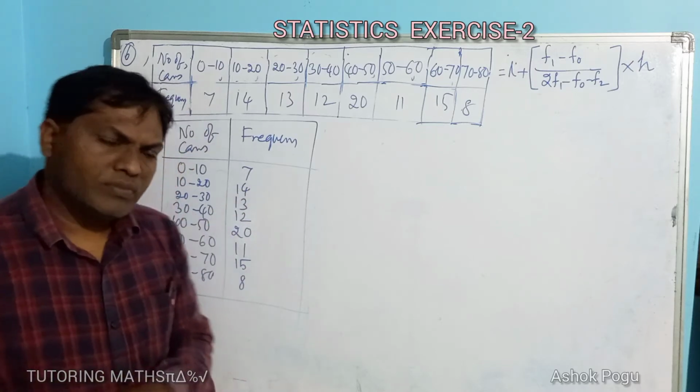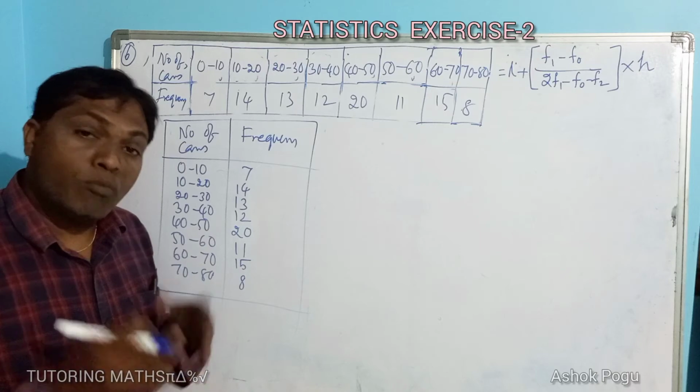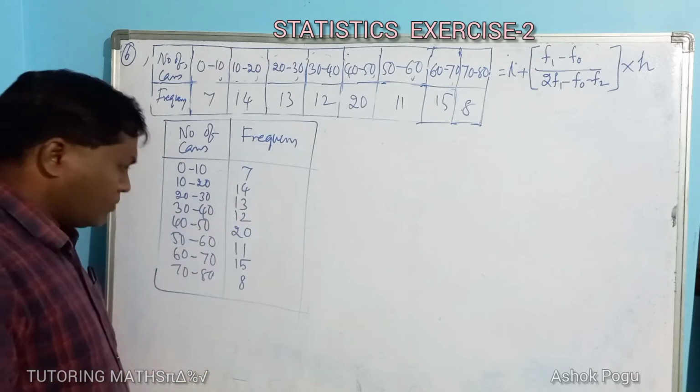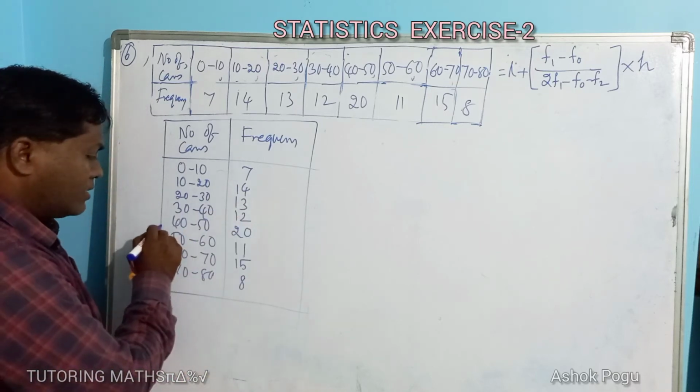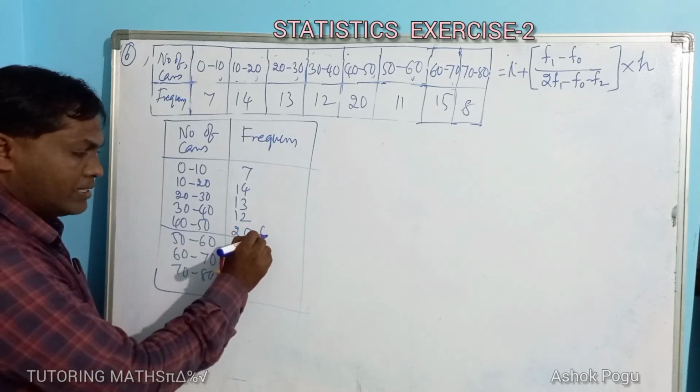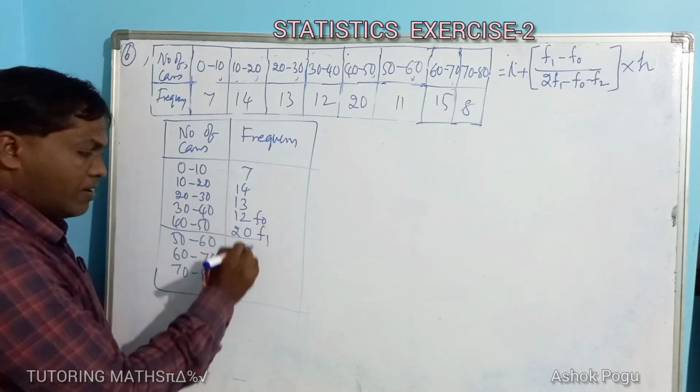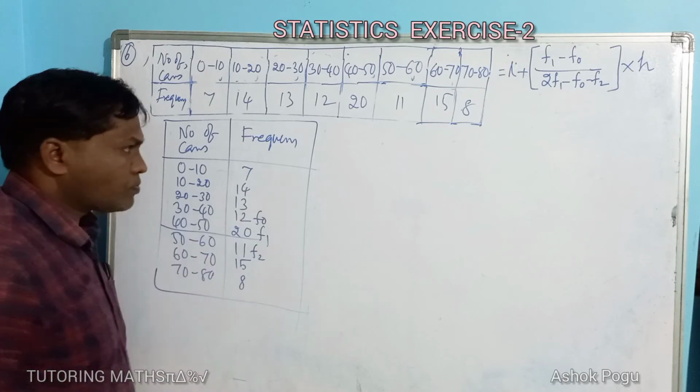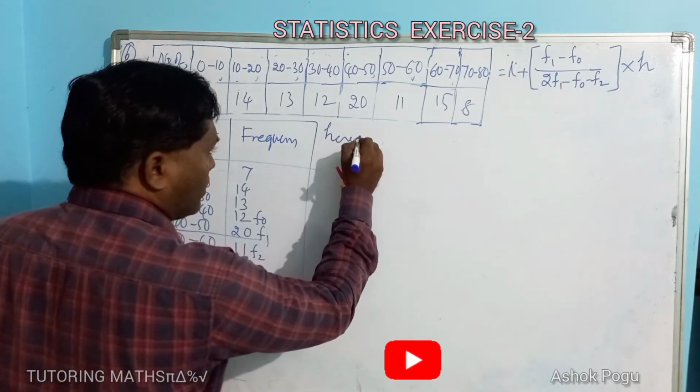As you know, first of all we have to select the modal class. The highest frequency class should be selected as the modal class. This becomes F1, with F0 and F2 on either side.